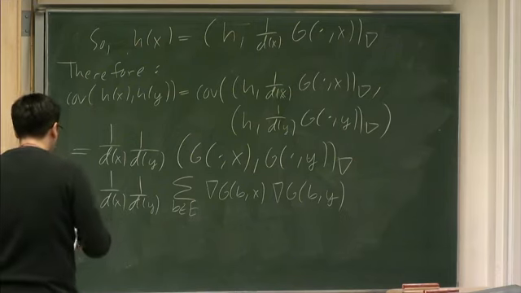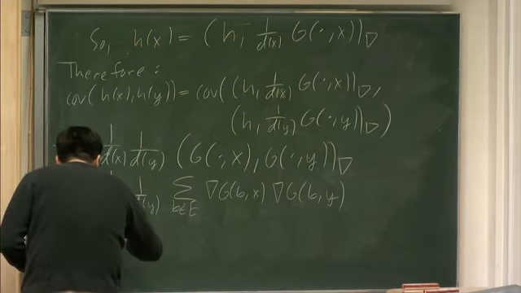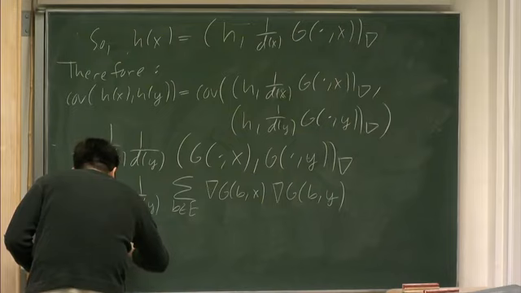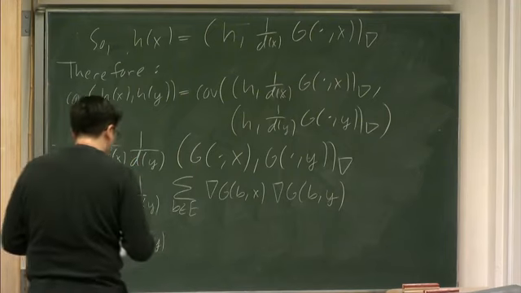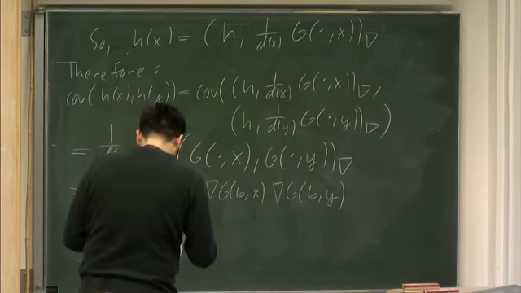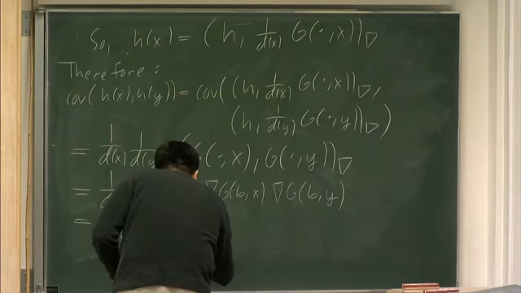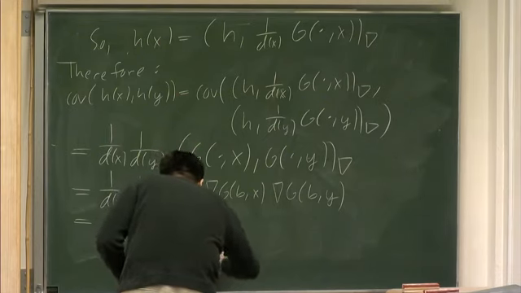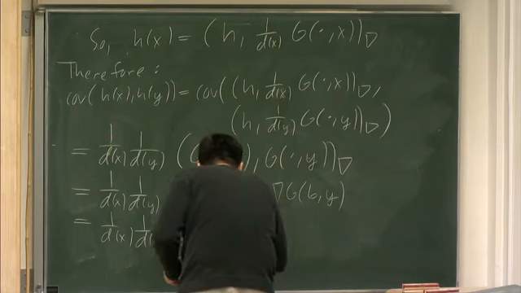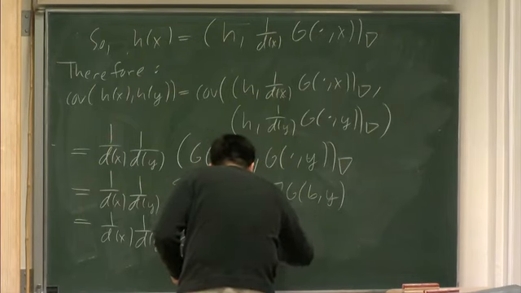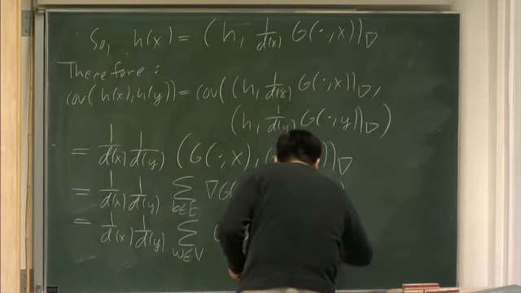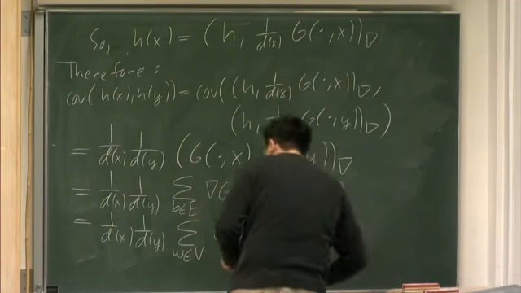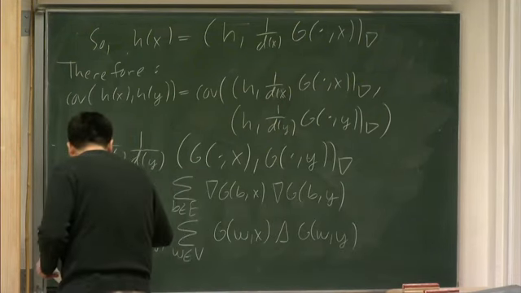Okay, and then we do an integration by parts, summation by parts, to put the Laplacian on the second function. So I have g of wx, Laplacian g of wy, and then I get a minus 1 in front because I did summation by parts.